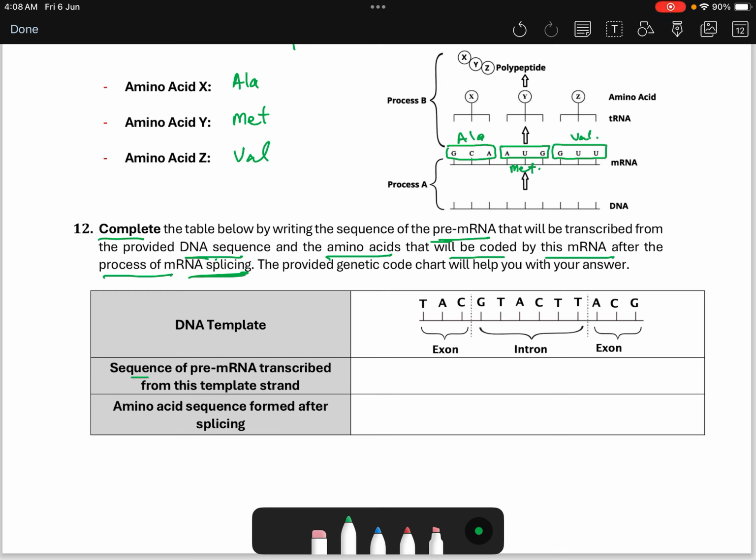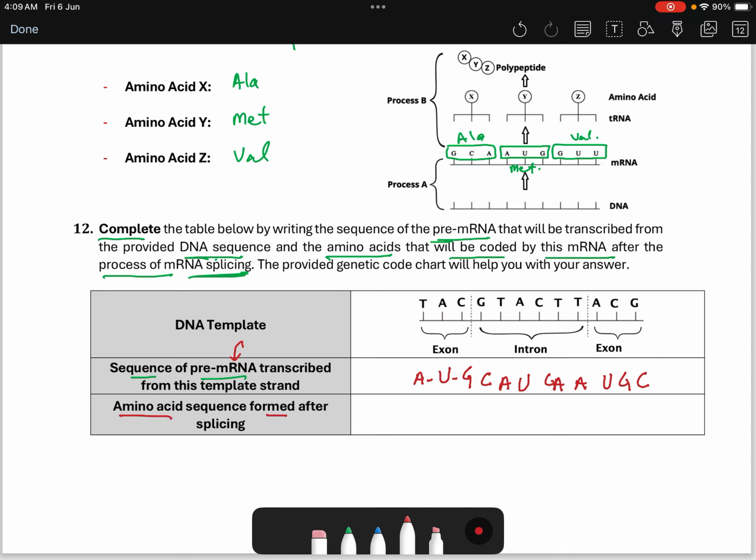If it is T, of course, it is going to be A; thymine pairs with adenine. A pairs with T, but since we are writing mRNA, we cannot write T, so we will write U, and C with G. So it is A, U, G, and so on. You can say C, A, U, then G, A, and then U, G, C.